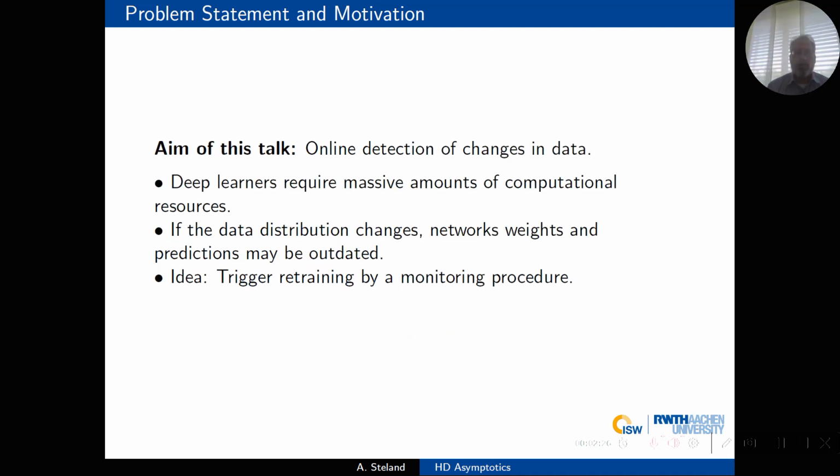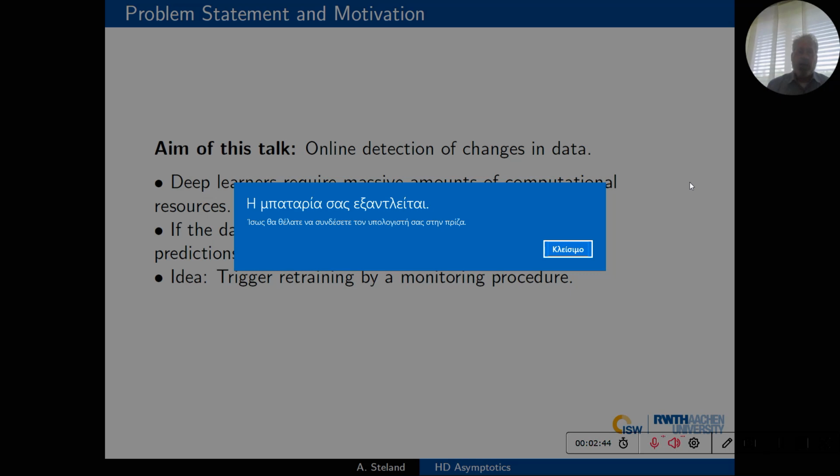The training of deep learning networks, as we all know, requires massive amounts of computational resources. For example, the GPT AI models require the electricity equivalent to a small town for their training.